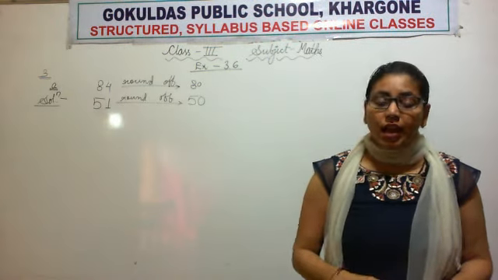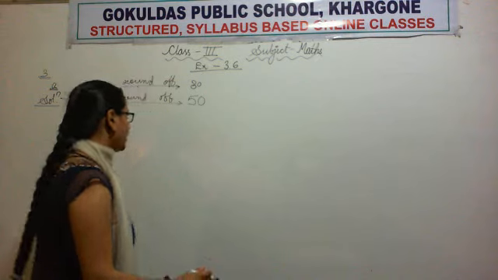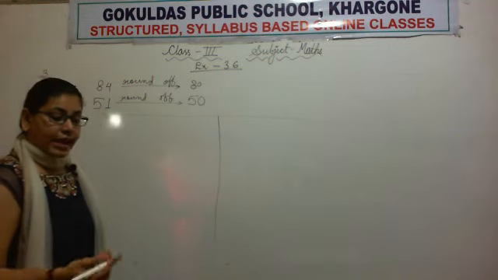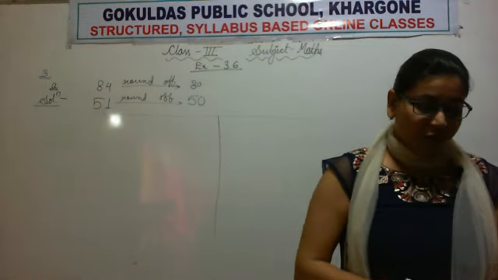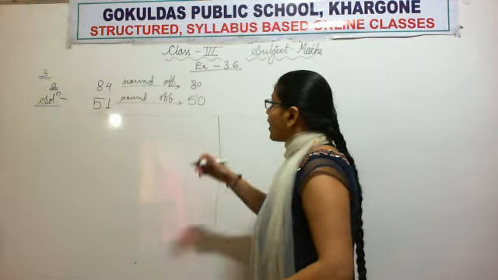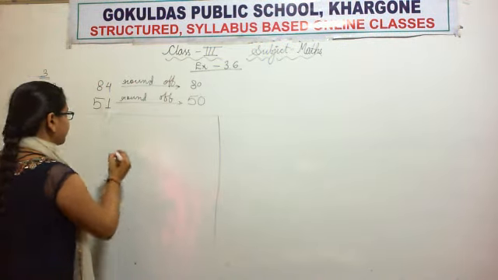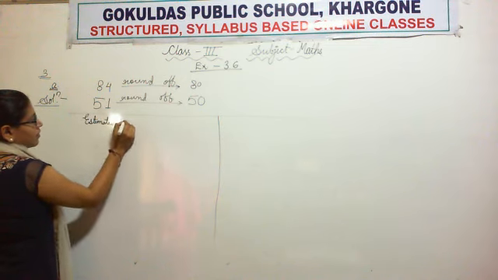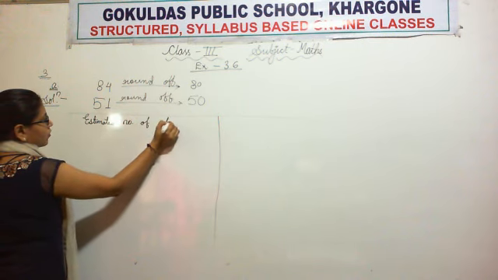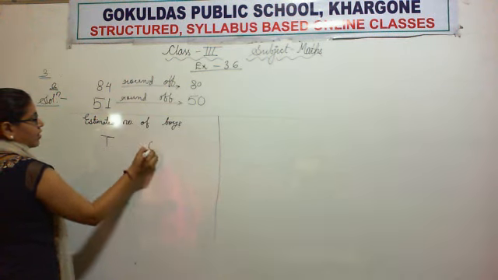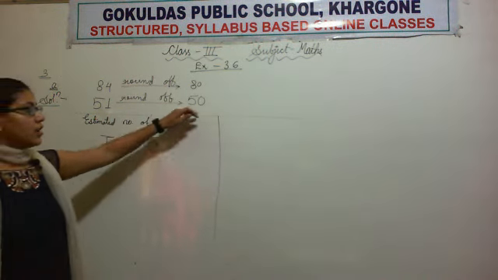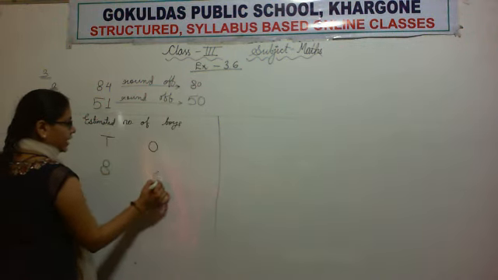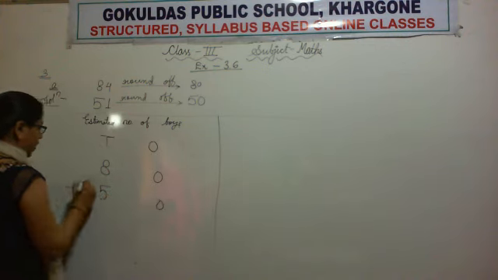Now we will find out the estimated number of boys. How will we find it out? By subtracting the rounded off numbers. Simple it is. For getting the estimated number of boys, we will take the estimated values, that are 80 and 50. Now let's subtract.